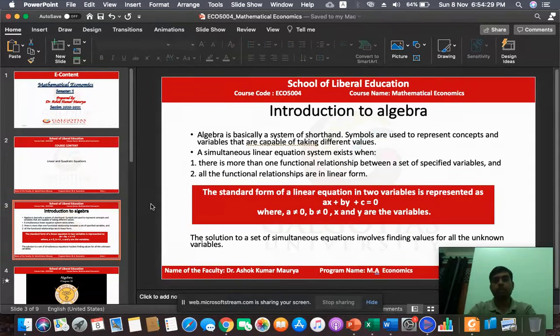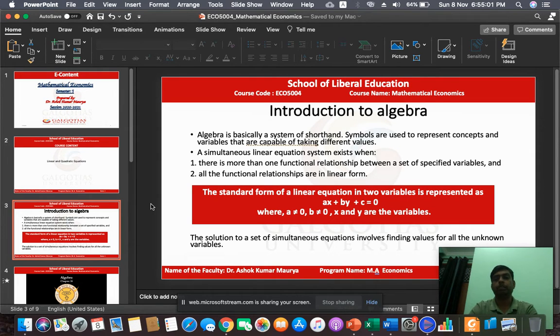Now if we talk about the linear equation, we represent a linear equation in a given form. Suppose that ax plus by plus c is equal to 0. It is the standard format of a linear equation with two variables, like x and y.